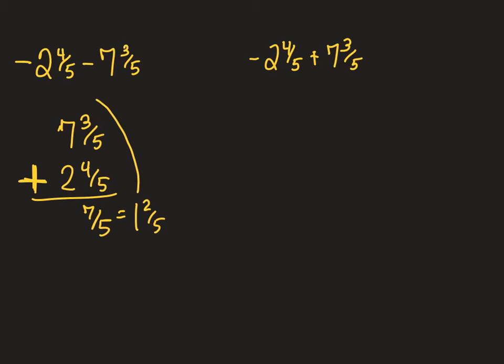Then we take that 1 and we take it over to the whole numbers column. 7 and 2 is 9, but that extra one makes 10. 10 2/5. Then I go back up, and I like to look at it sideways when I figure out my bigger number. So 7 is bigger, 7 is negative. Final answer is negative 10 2/5.